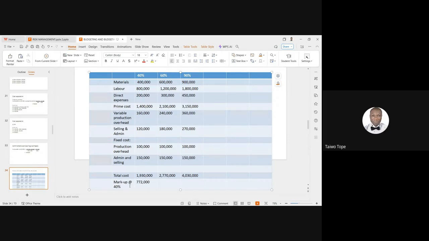Markup at 60% on the total cost of 2,770,000 will give us what? 1,108,000. So markup at 90% on the total cost of 4,030,000 naira will give us what?